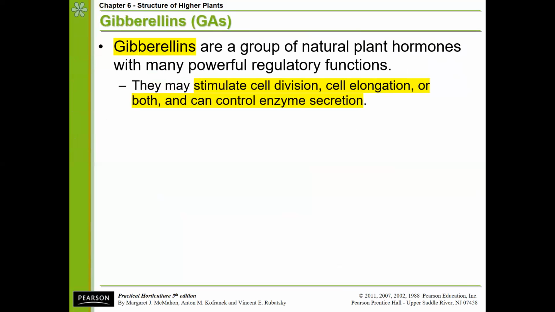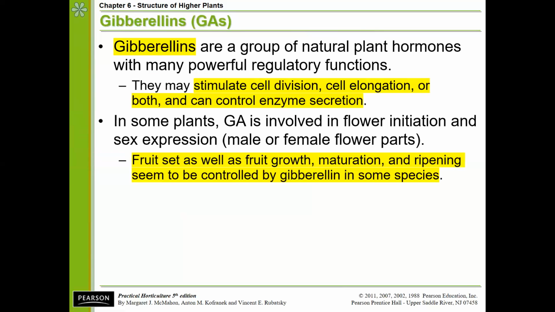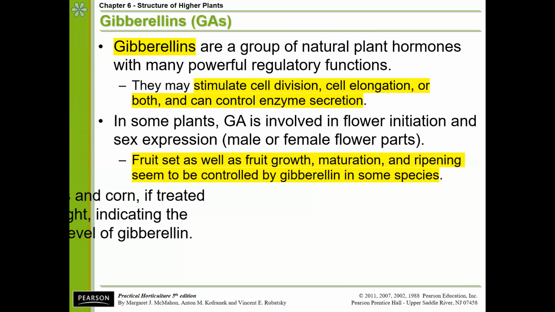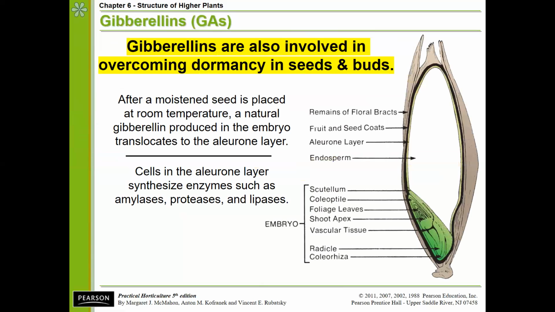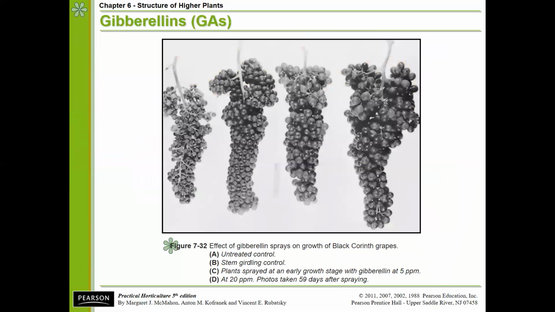Gibberellins are important for stimulating cell division, cell elongation, and can also control some enzyme secretions. They can affect fruit set and fruit growth, as well as the maturation and ripening of fruits. They can also be used to overcome dormancy in some seeds and buds.